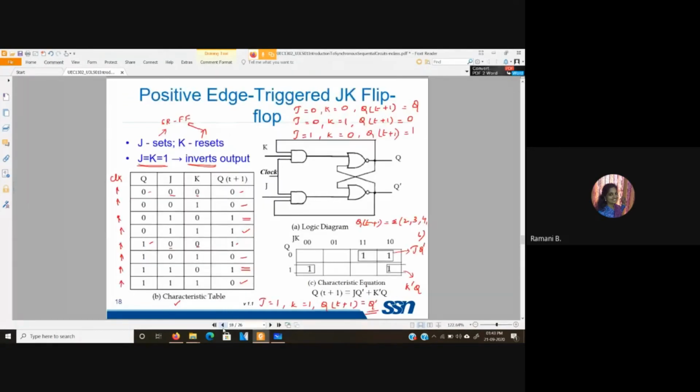So our table is going to have only these conditions. This one will be for the condition when J and K equal 0, which corresponds to T equal to 0, and you can say that Q of T plus 1 is equal to Q in both of these cases. And with respect to the J and K equal to 1 case, whatever you have in Q is complemented in Q of T plus 1.